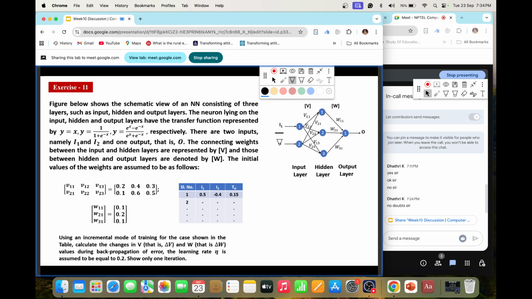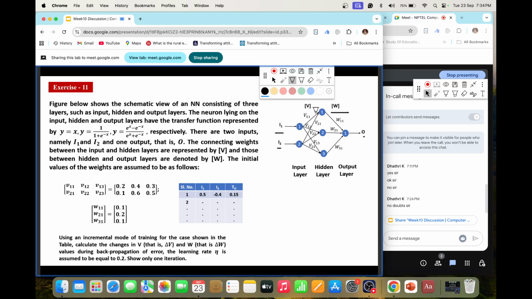And terminology: I1 and I2 mean input 1 and input 2, O means output, and these are all the weights. V11 means the weight from the first neuron of the input layer to the first neuron of the hidden layer. Similarly, V21 means the weight from the second input to the first neuron of the hidden layer. Similarly you can check all this notation.